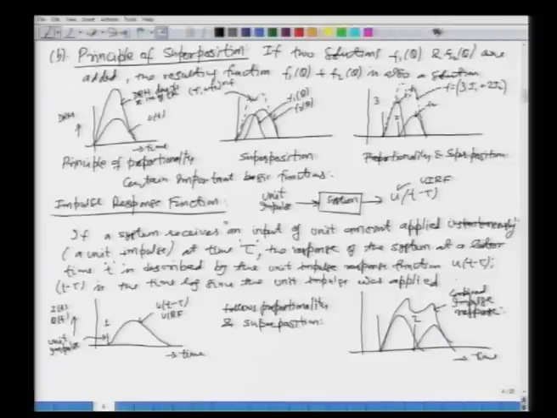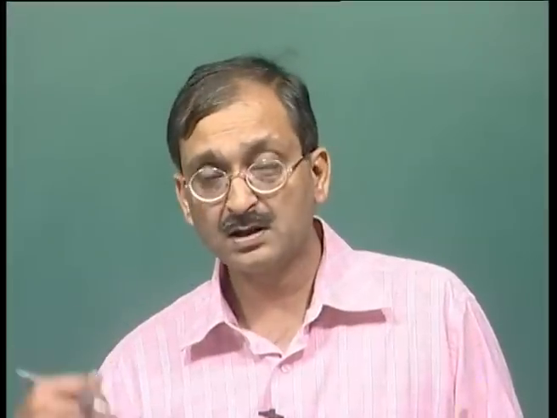Okay. Now, let us look at some interesting examples of this impulse response function. For example, the first one is what is called the guitar string. We are looking at some examples other than hydrology first. What happens when you touch the strings of the guitar?